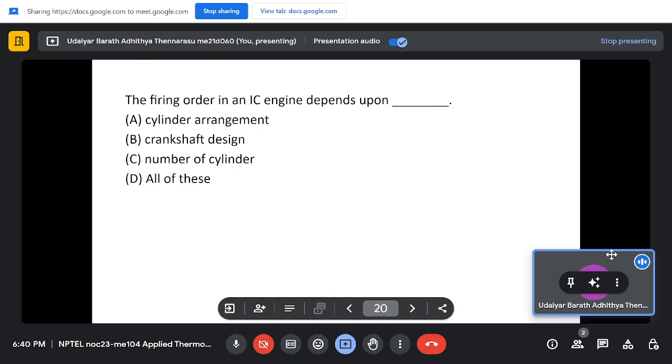And as I told you, the number of cylinders also matters, because it depends on how the cylinders generate power strokes and how many cylinders there are. So the firing order depends on that also. In this case, all of these determine the firing order. So the answer is D.